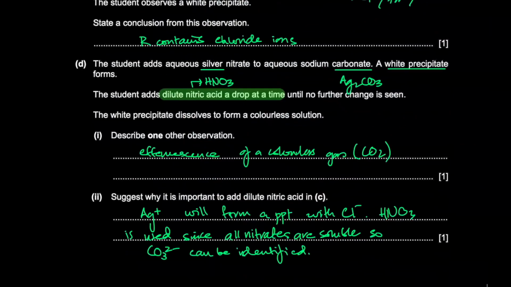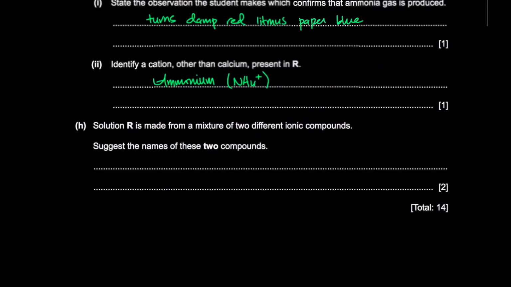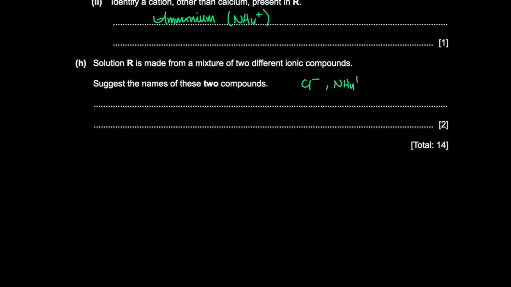So that means that we have chloride, ammonium, and calcium. These are the three ions present. So the two compounds would be ammonium chloride and calcium chloride. It says suggest the names. Don't give the formula.